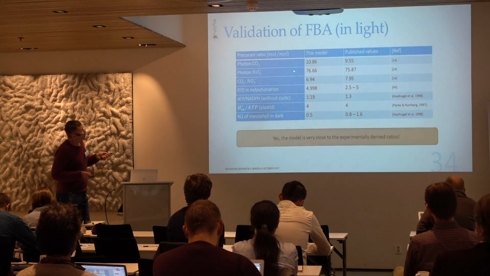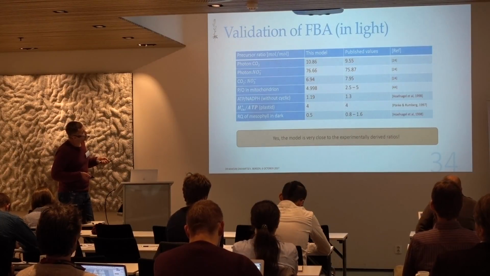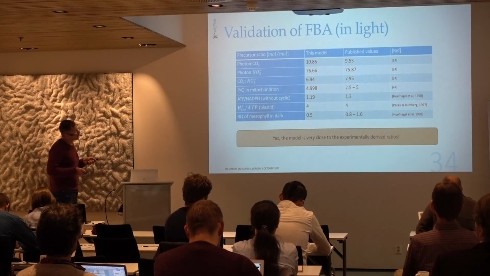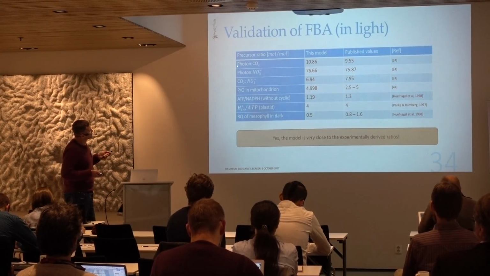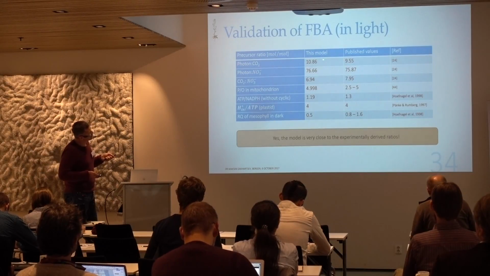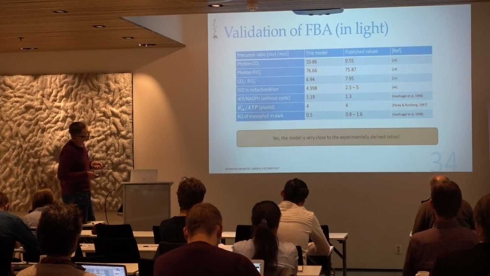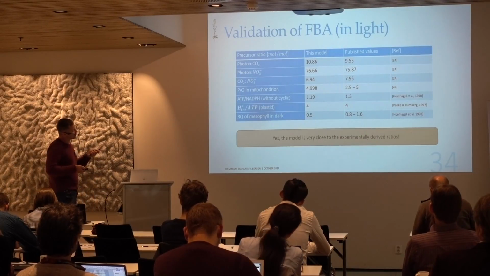And when we compare the results predicted by the model with those which are published for the plant, they nearly match. So, for example, this is the ratio between the absorption of photons and CO2 consumption. So this is the model, and this is what is published in the literature based on experimental data.